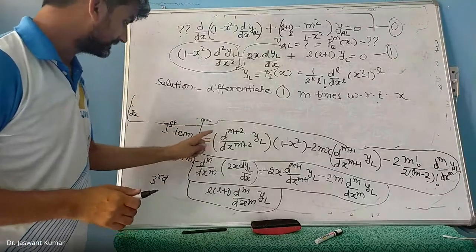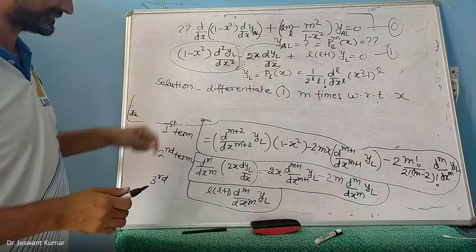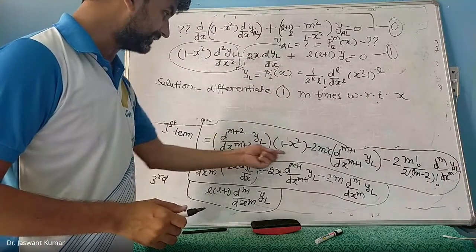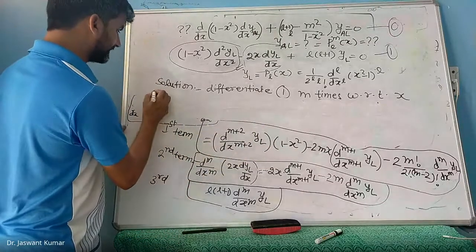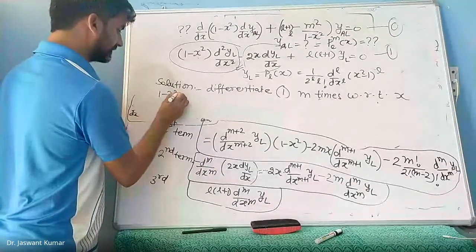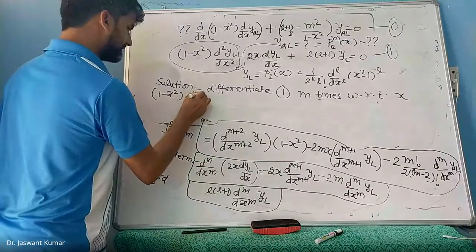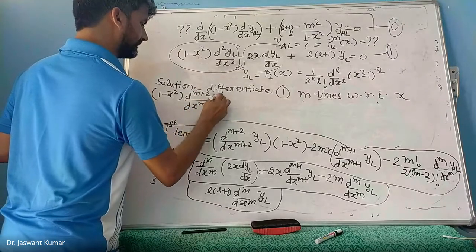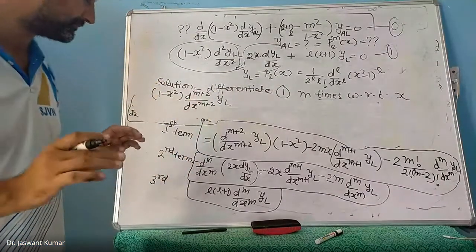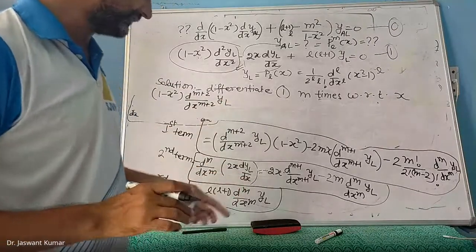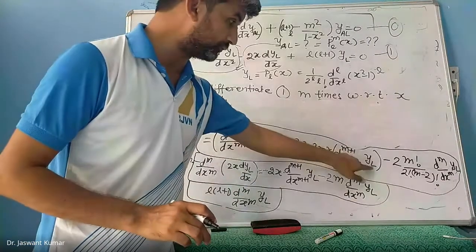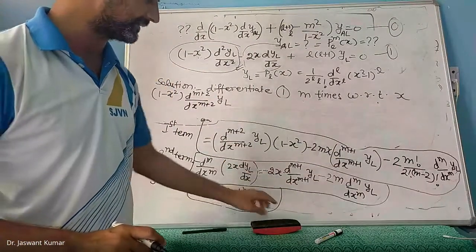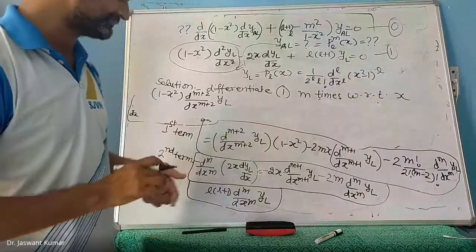So see, this first term, so let us write these terms. There is only one m plus 2 derivative that has the coefficient 1 minus x square. So I write it as 1 minus x square d^(m+2) by dx^(m+2) of y_l. Okay? Then the m plus 1 derivative. There is an m plus 1 derivative of y_l here, and there is one here. There is no m plus 1 here. So we combine these m plus 1 derivatives.